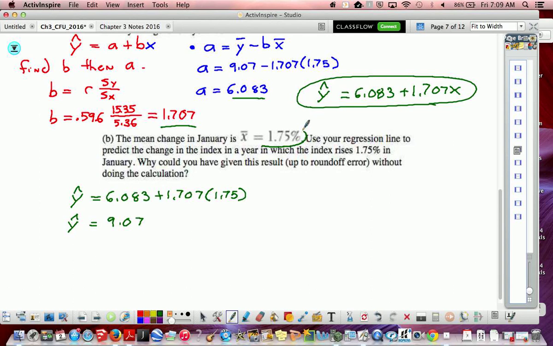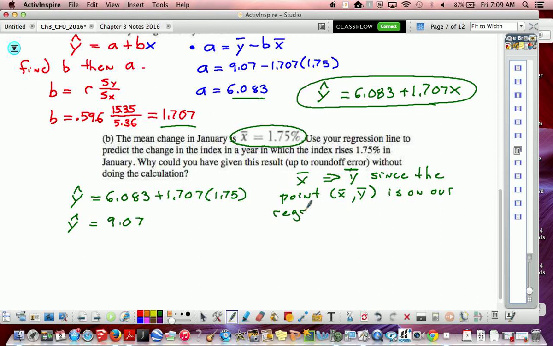Well, this is the mean of x. Mean of x should correspond to the mean of y, since the point (mean of x, mean of y) is on our regression equation.